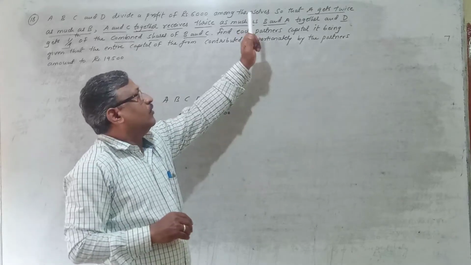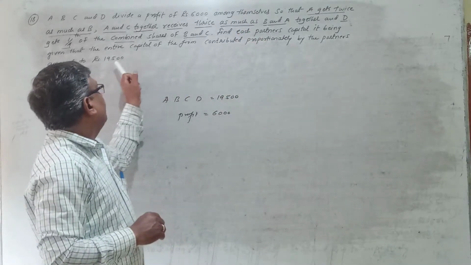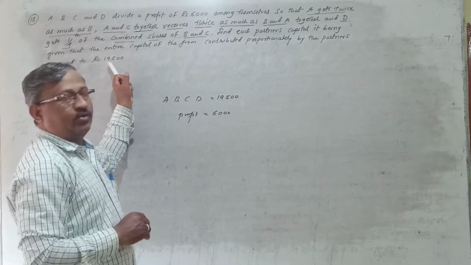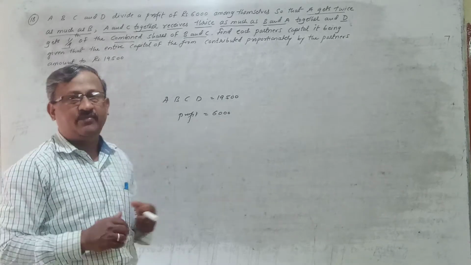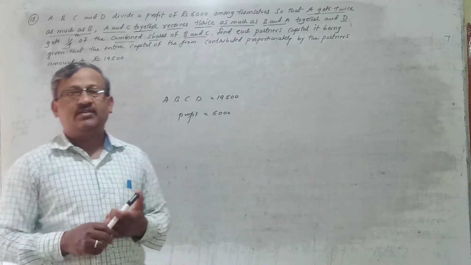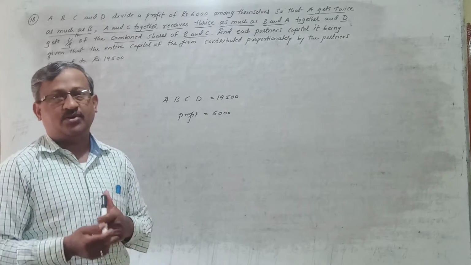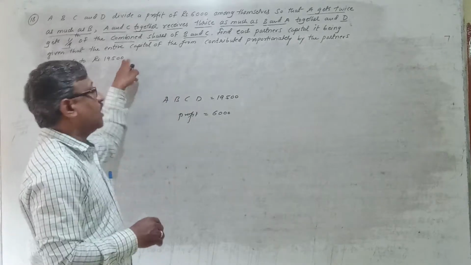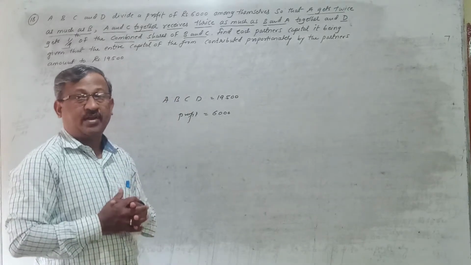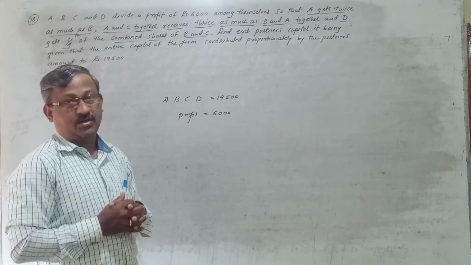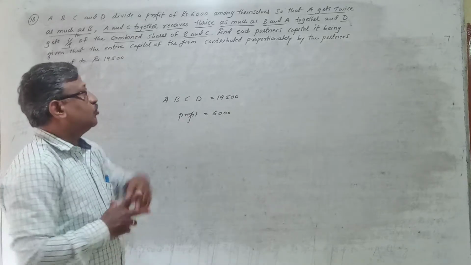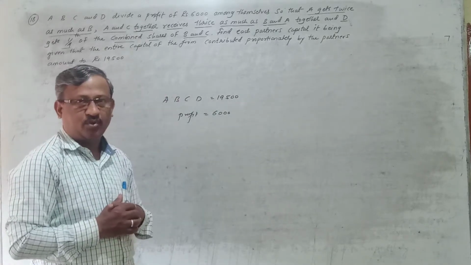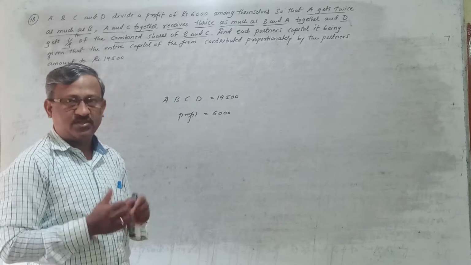So to find out the capital of each partner here, right, total capital is 19,500, that we have to distribute. So for that we need the ratio. If you know the capital ratio or the profit sharing ratio, easily we can distribute this capital among these four. Means here our aim is to find out the capital ratio or the profit sharing ratio. Capital ratio we cannot calculate here because the individual capitals are not known, that is asked in the problem.